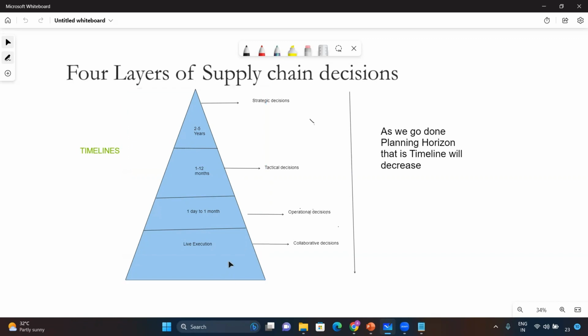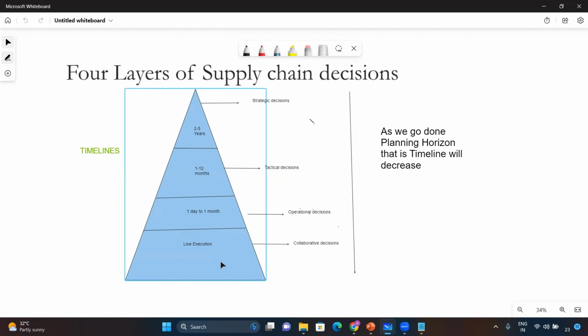They include decisions about sharing information, coordinating activities, and managing relationships. So this is nothing but the live execution of the process. Whatever decisions we have already taken from the strategic, tactical, and operational points of view, here we need to do the live execution of all these decisions.